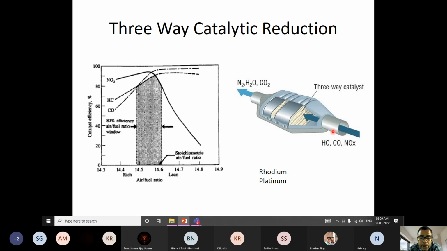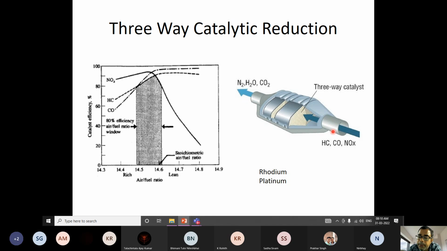So once the product comes out into the exhaust tailpipe, it will contain pollutants that are too high. So you need to do some kind of treatment in the tailpipe itself, and then it will go to the atmosphere and fulfill your emissions regulation.